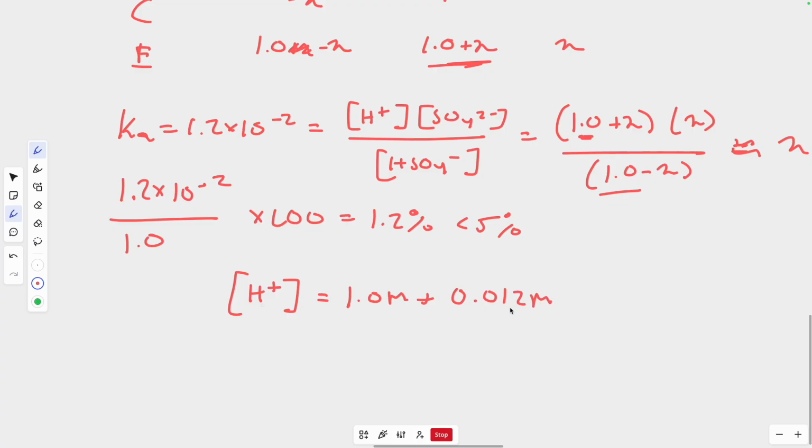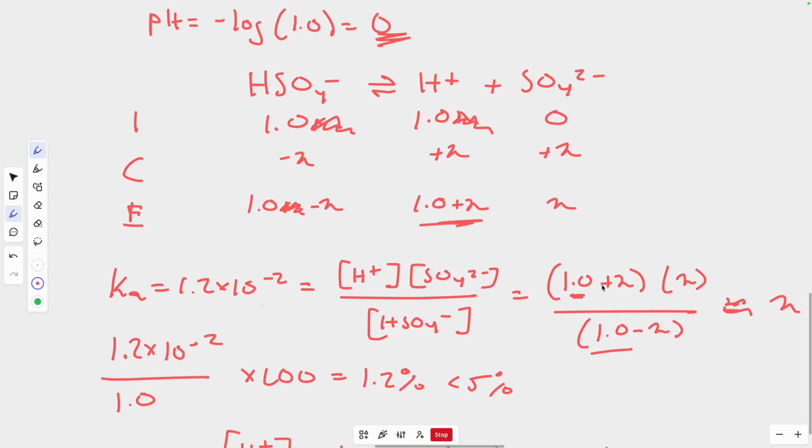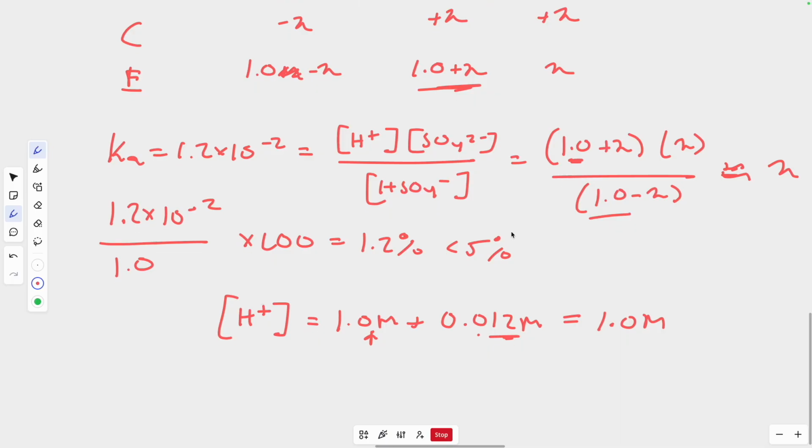So notice how, when we're keeping track of sig figs, we only have the tenths place here, but we have tenths, hundredths, and thousandths here. This really small number isn't going to make a difference in the H plus if we're keeping track of sig figs. So this is just going to be 1 molar. And this is basically what we had before over here when we only considered the first step, which is the pH of 0.